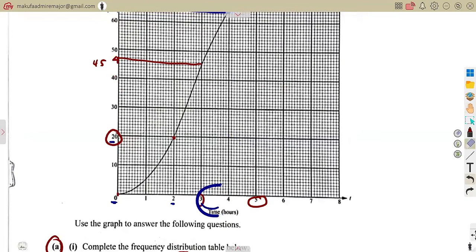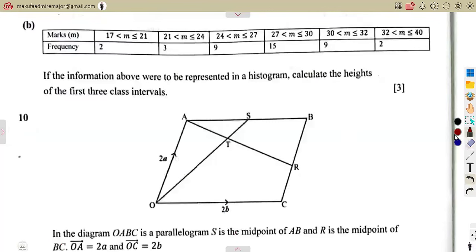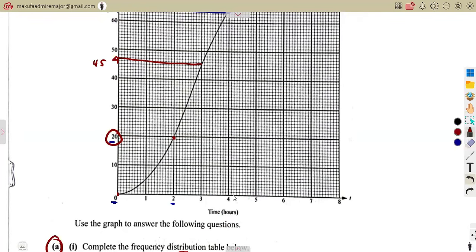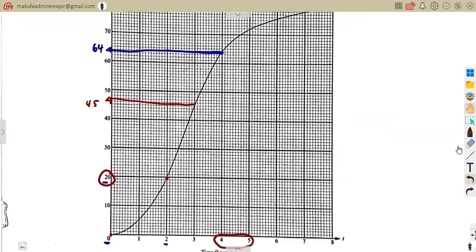So we need this one, 4 to 5. 4 is already there. 4 here is corresponding to this 64. 5, you take it straight, it corresponds somewhere to 72.